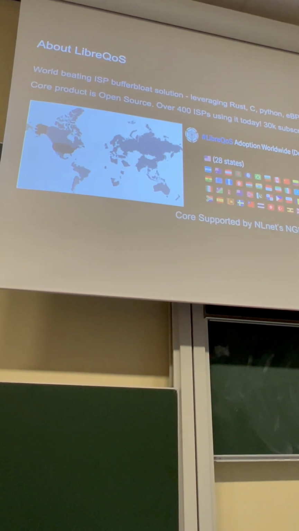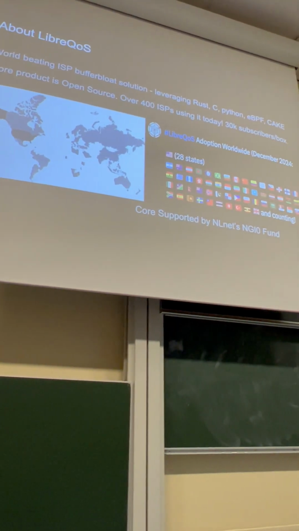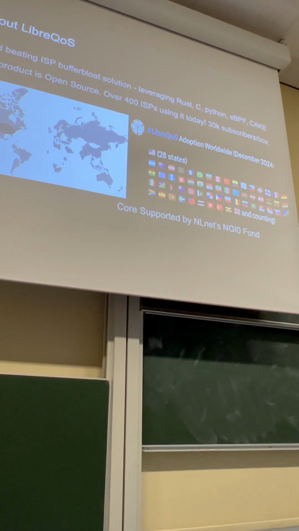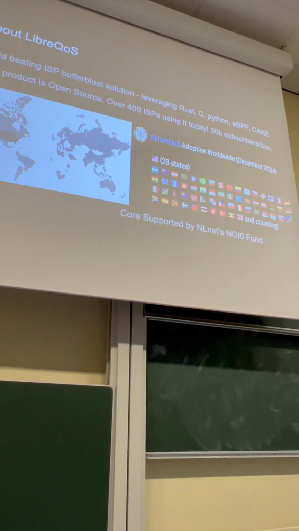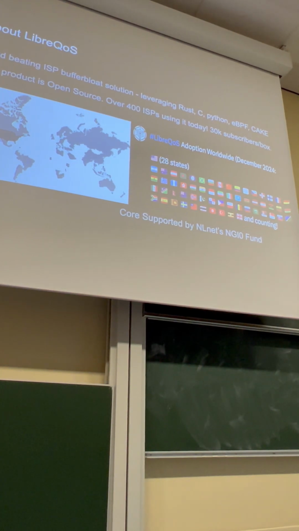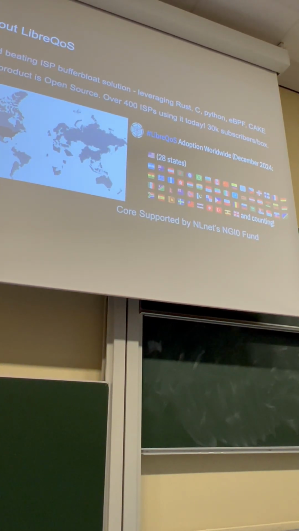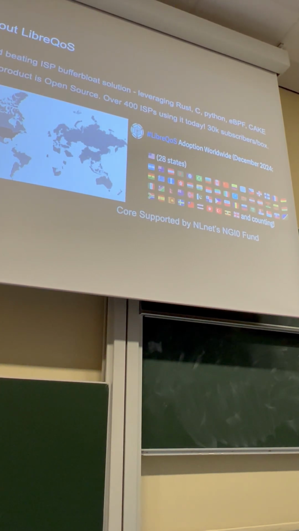And these are only the ISPs that are sharing data with us. There are many ISPs that decided not to share anything with us, so we just don't know. But they are popping up in our chat, reporting potential problems or feature requests, or they want to tell us something.